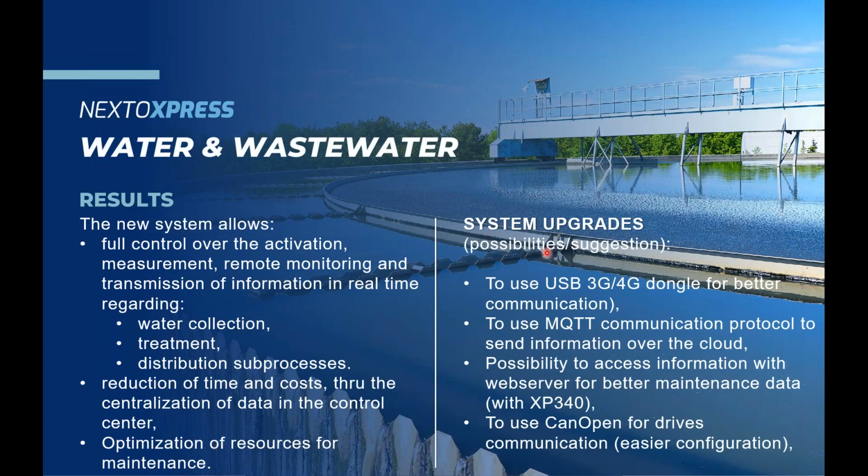Instead of using GPRS, my suggestion was to use a USB 3G and 4G dongle. At that time we were using a gateway, so we connected the Ethernet from the controller to a gateway, which is new hardware to communicate through mobile. But from this year on, we have the feature in Express to connect a USB dongle directly to the controller, which is much better than the gateway.